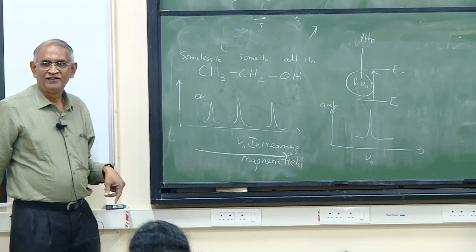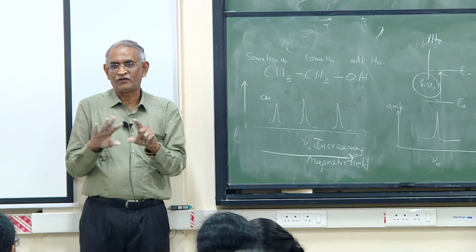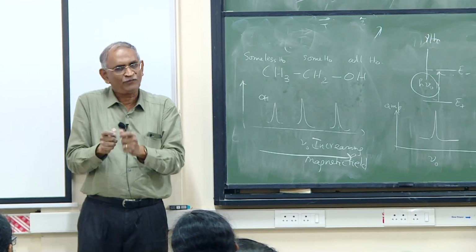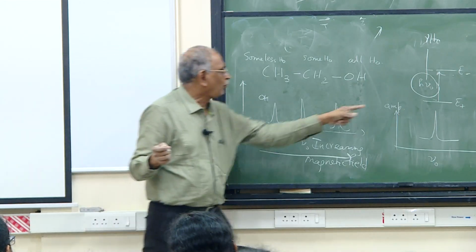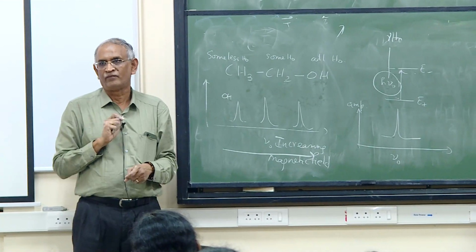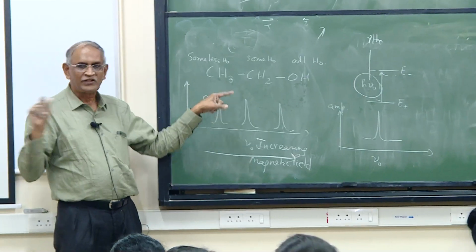OH proton. Because most of the electron field is removed, it sees almost everything as external magnetic field. Therefore, it is closest to this H naught, the earliest. But then this proton requires even more magnetic field because the shielding is higher.